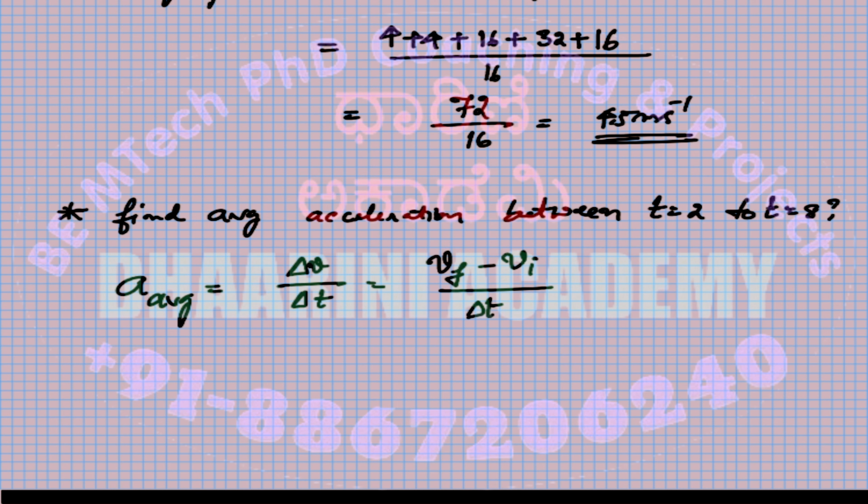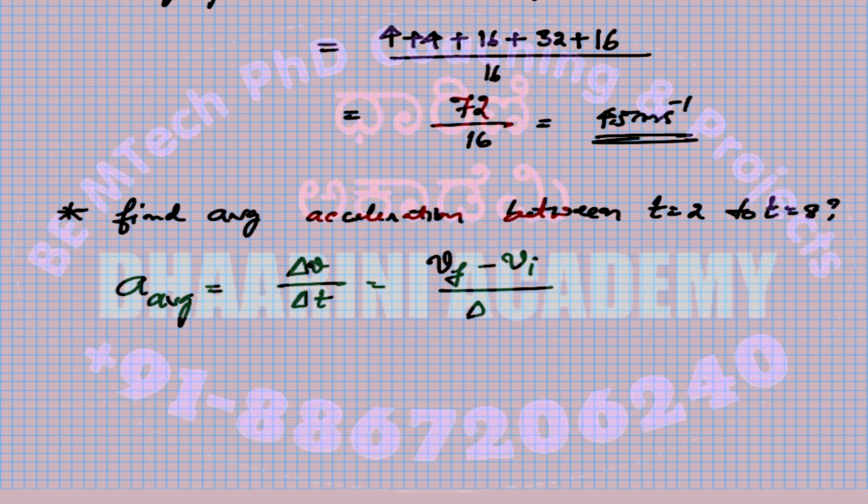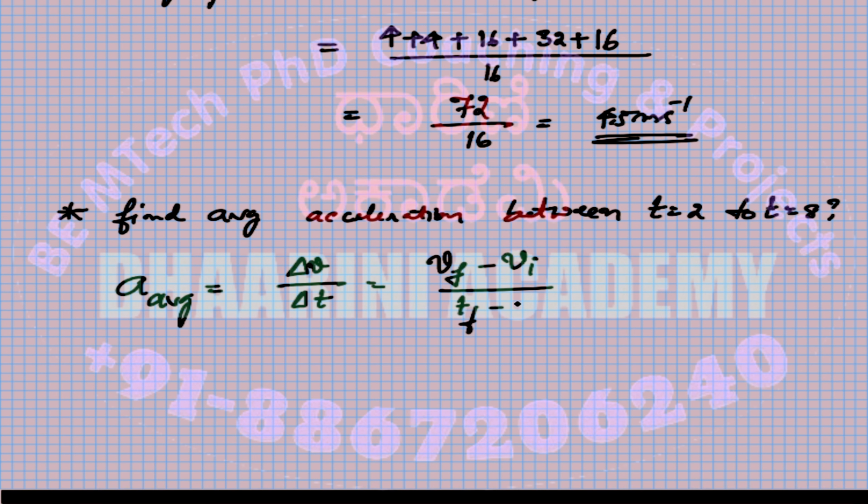So again, the change in time could be final time minus initial time. Okay, so I'll write TF minus TI. So you see, they are asking between 2 to 8. So this is velocity at 8 minus velocity at 2. What is the final time? That is 8 minus initial time is 2.